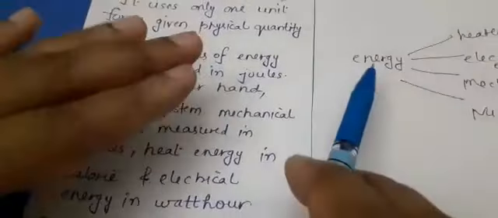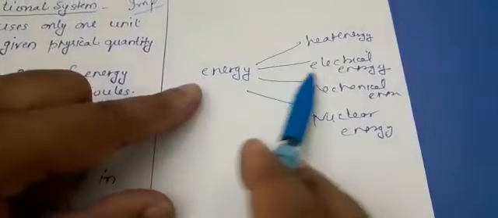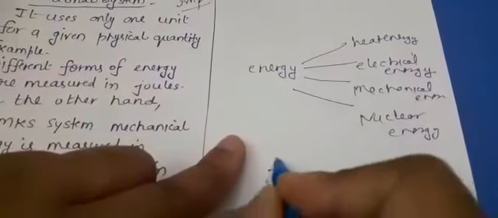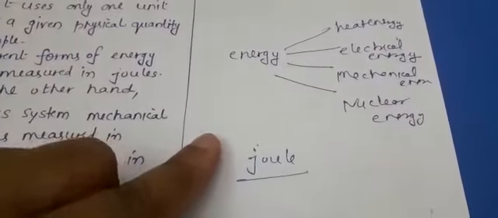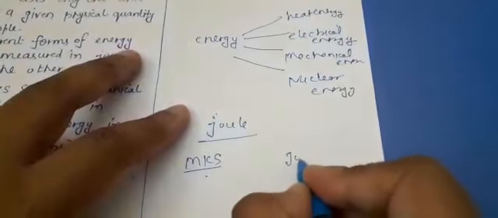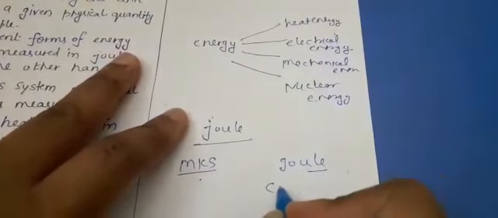In the SI system, energy, whatever be the form, will have the same unit, and that unit will be joule. But when you take the MKS system, you will see that mechanical energy has the unit joule, heat energy has the unit calorie, and electrical energy has kilowatt hour.